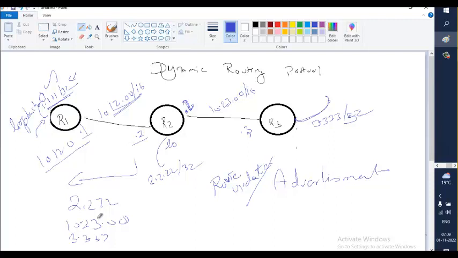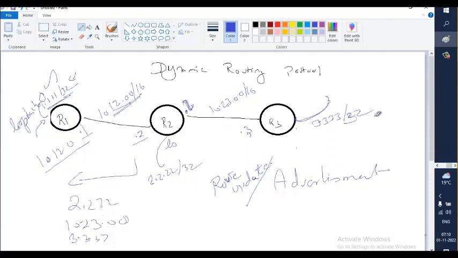Likewise, Juniper, Cisco, Huawei. There are various vendors. One is a grandfather, one is a teenager, one is an adult. What I'm coming to say is you cannot expect all vendors to take the same decision. Every vendor has got their own prioritization, preference. That preference is what we call administrative distance.